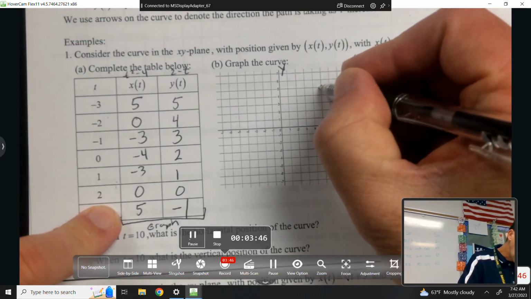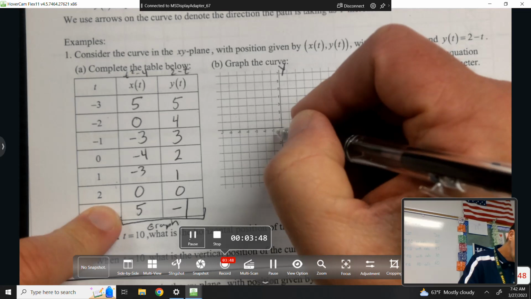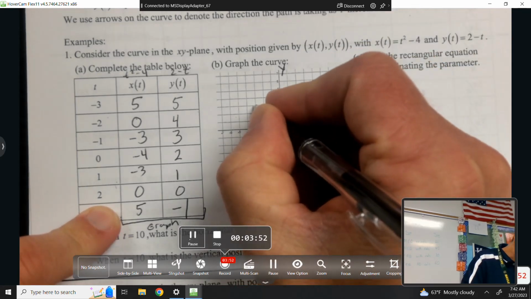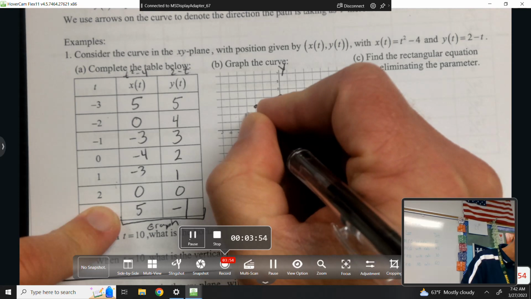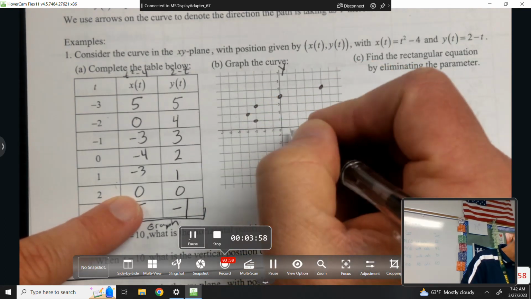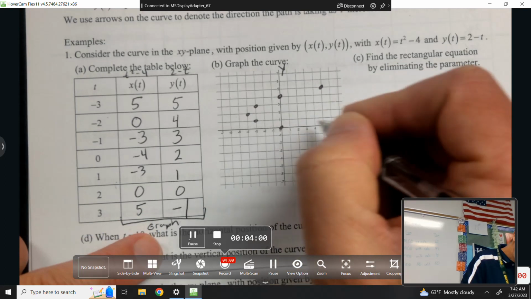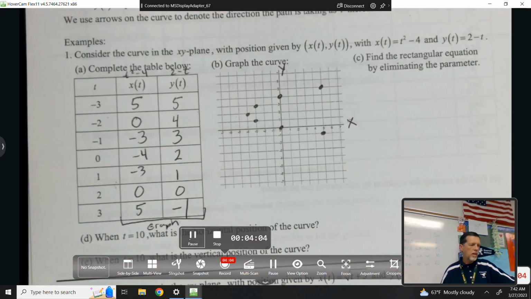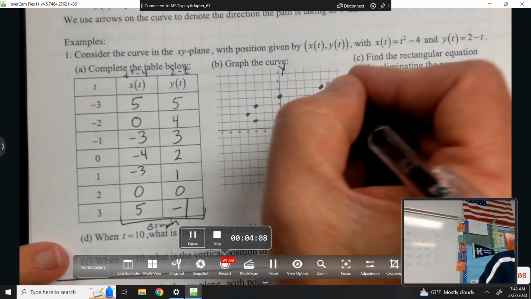So 5, 5, 0, 4, and so on. So this sort of looks like a parabola.